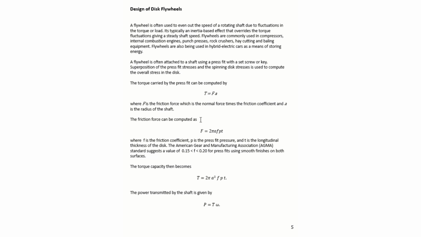So based on this expression for the torque and this expression for the force, the torque capacity of a press fit becomes this equation right here. And the power transmitted by the shaft is the torque times the speed. So this torque fills in here, we multiply it by the speed, and that's the power that can be transmitted by that press fit.